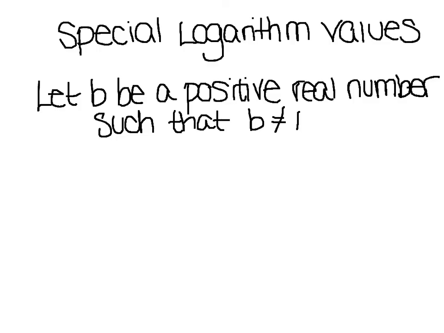So two of those previous examples had important information that create special logarithm values. These are important to remember because when we're solving, things can be easier when we know this rule. So assuming b is a positive real number and b doesn't equal 1, we've got two special logarithm values. One is the logarithm of 1.